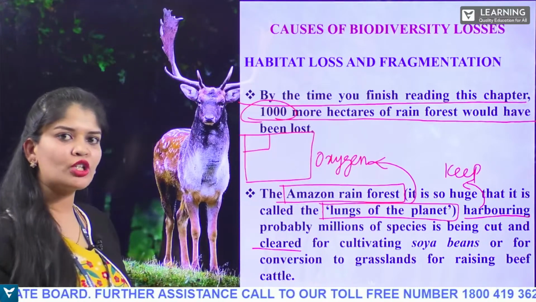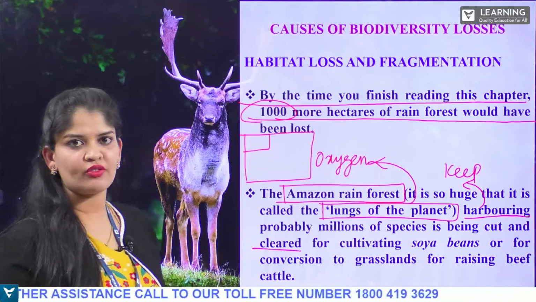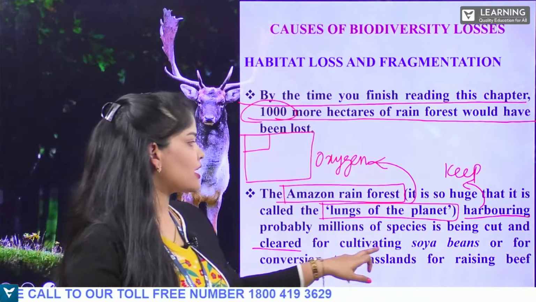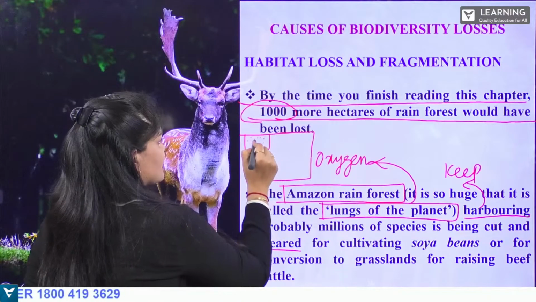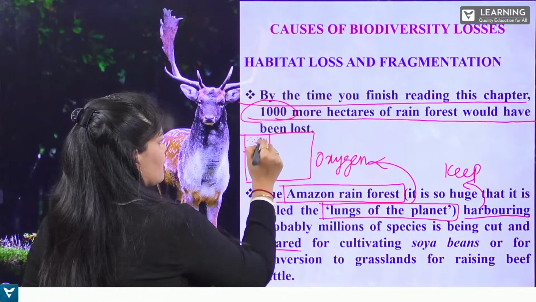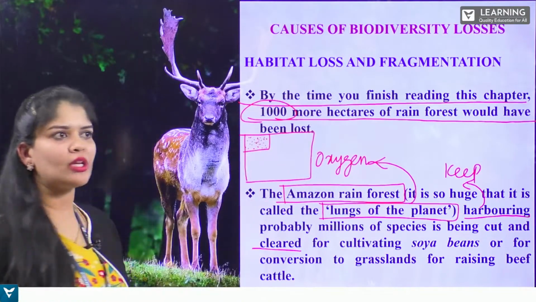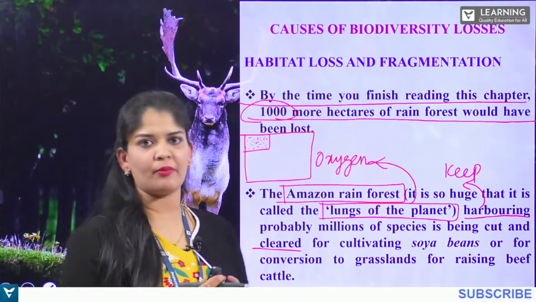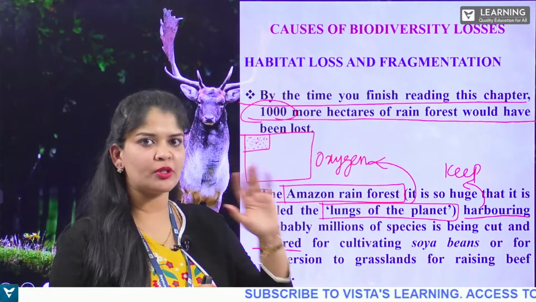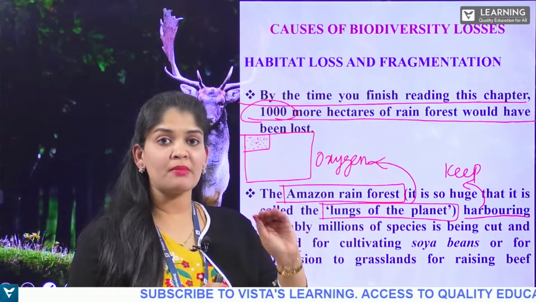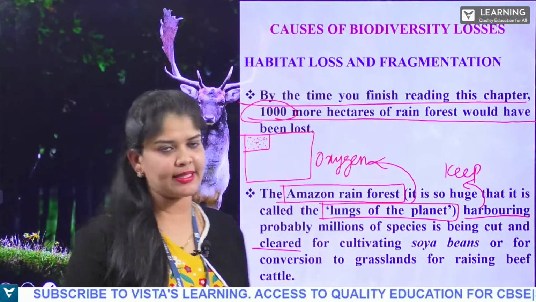For what purpose is this rainforest cut down? For cultivating soybeans. As soybean newly occupies the habitat, the plants or animals native to that particular habitat will be much affected and will become extinct.